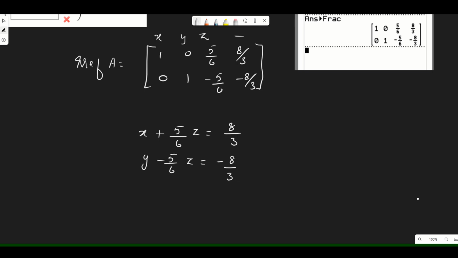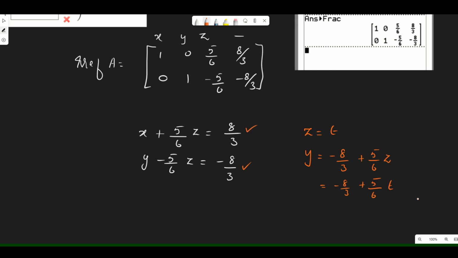So again, starting from the bottom value, I am taking a parametric result for z. Let us take z as t. When z is t, from the second equation, I get y equal to negative 8/3 plus 5/6 t.